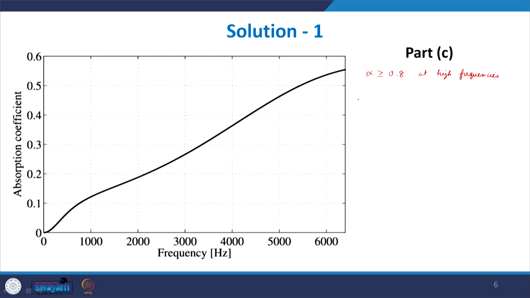And here you see the maximum value, the alpha max. So for good absorbers, the general assumption is that a good absorber should at least provide an absorption of 0.8 or above in the high frequency range.